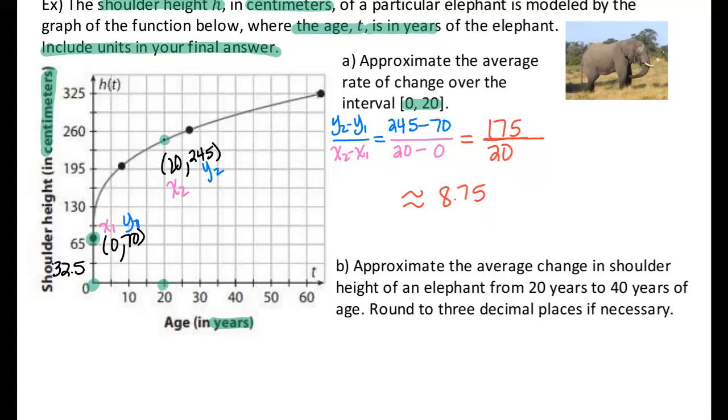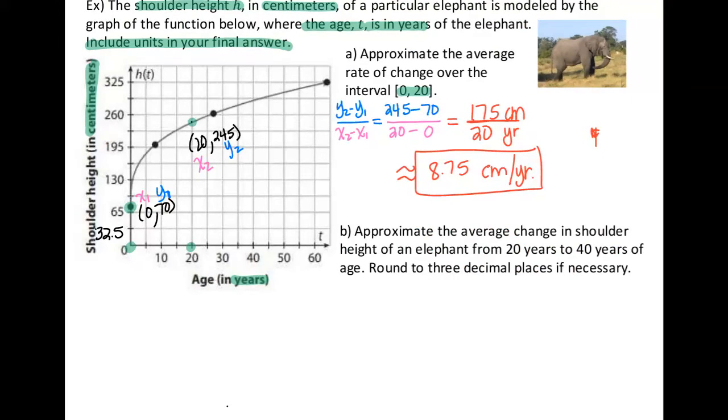So when I write my fraction, this is going to be the y's units, centimeters, over the x unit, years. So my units for my final answer should be centimeters per year. You don't have to write a sentence, but you need to be able to write your answer with units.